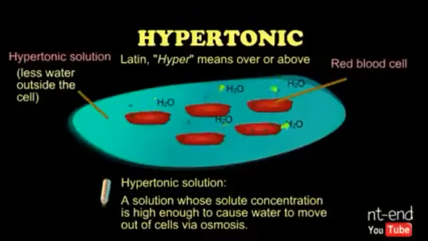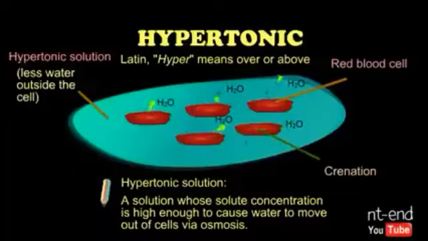So through this activity you have understood the topic tonicity, and the observation shows the experiment about osmosis. So osmosis is differentiated into three parts: isotonic solution, hypotonic solution, and hypertonic solution.